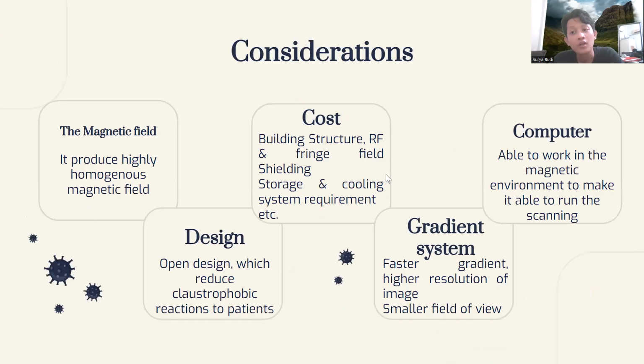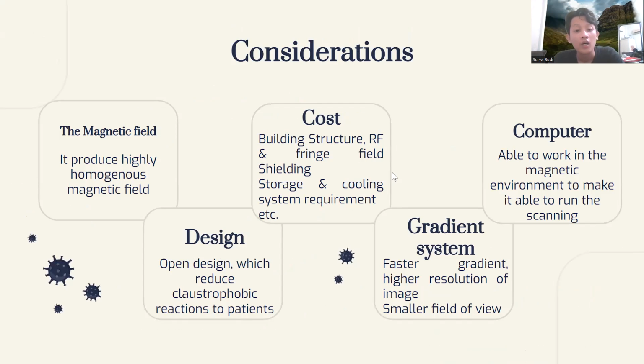So there are several considerations before a hospital or any medical center uses or buys an MRI. The first one is the magnetic field, because the MRI produces a highly homogeneous magnetic field.